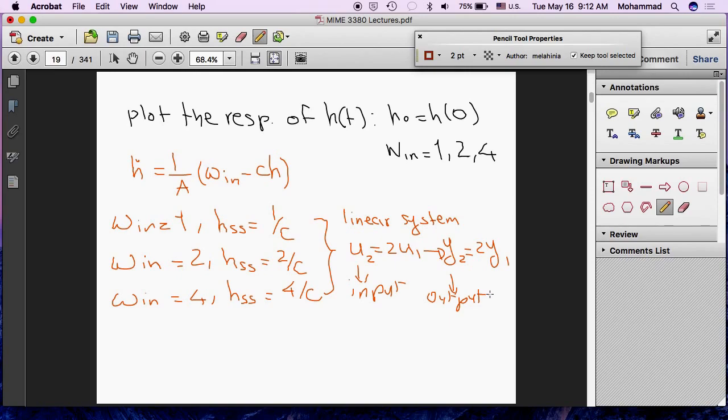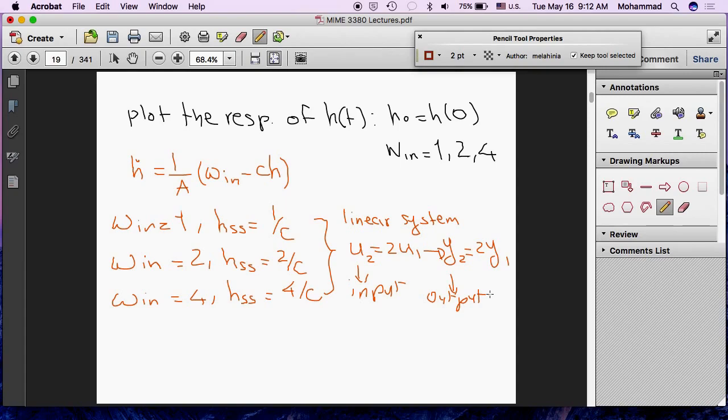So that's one. We also know that the speed of the system, the way h changes, is defined by c over a. The rate of change of h is defined by that.